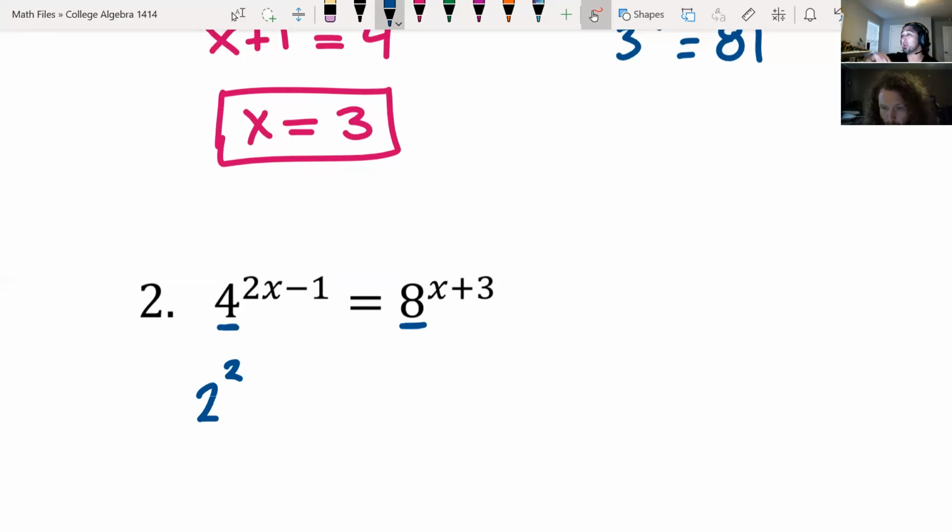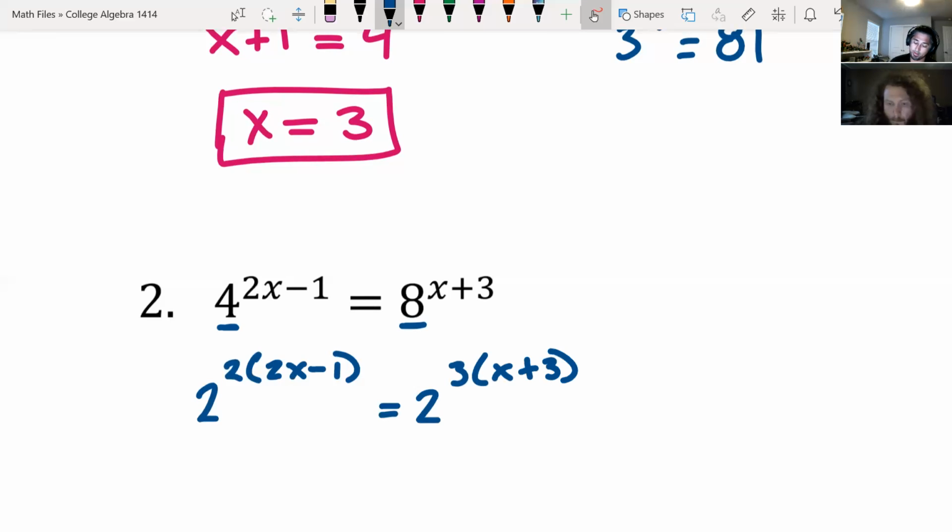But remember, when you rewrite it, whatever exponent you have there is going to multiply the original exponent. So this is going to be 2 to the 2 times 2x minus 1 equal to 2 to the 3rd times x plus 3.